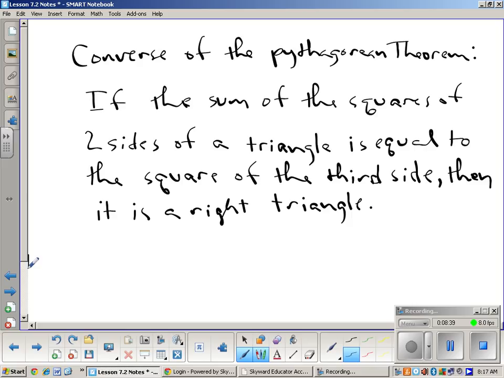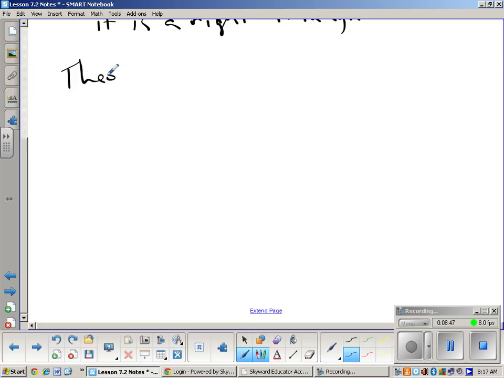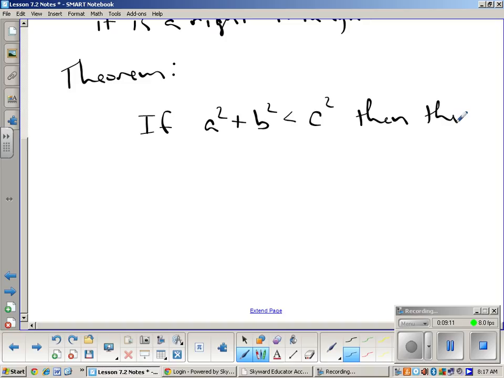And what they're saying is, if a squared plus b squared is less than c squared, then the triangle is obtuse.